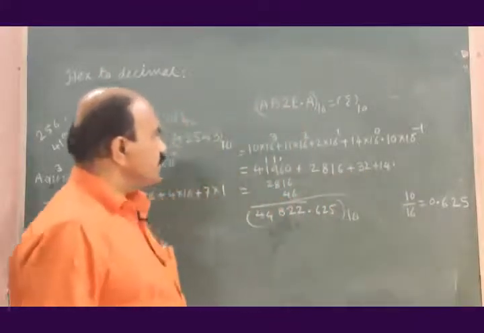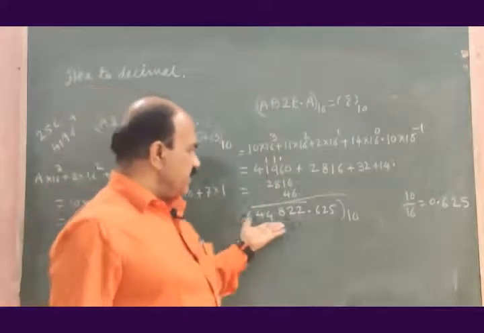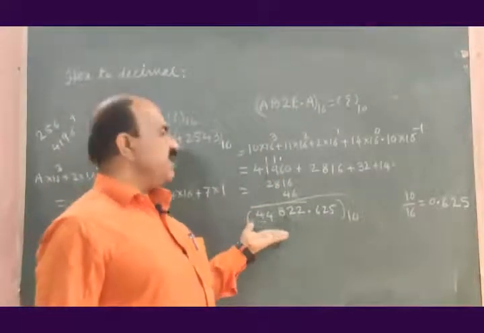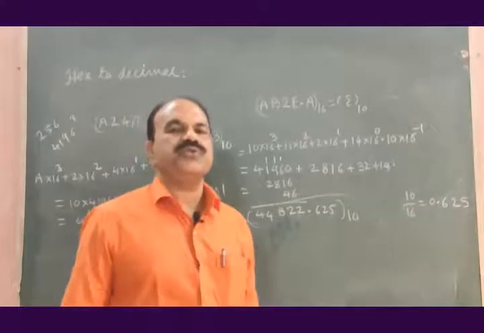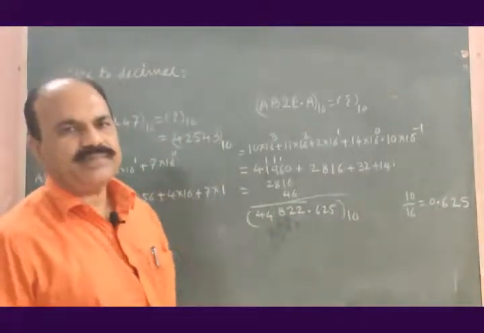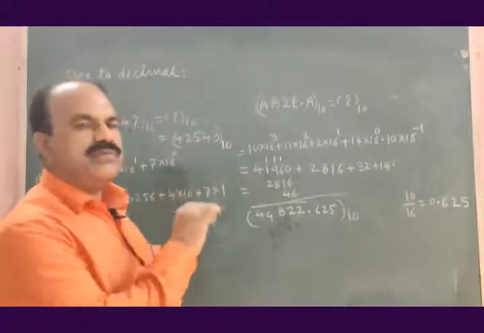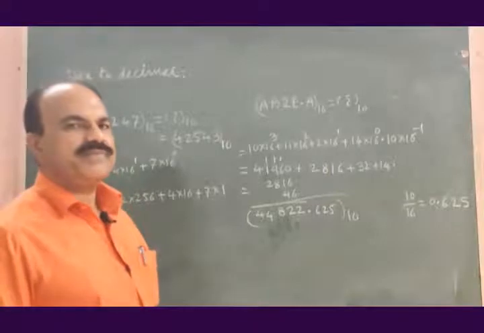So this hexadecimal number in decimal is this one, 44,822.625. This is just the procedure. Sometimes while writing I may put some figures wrongly.